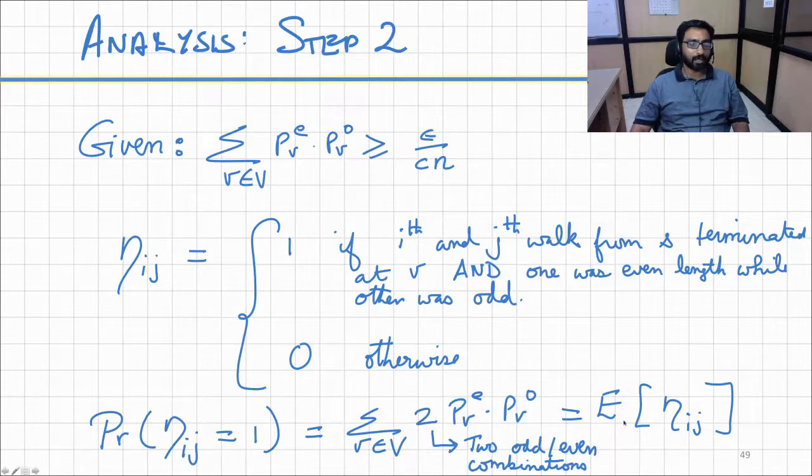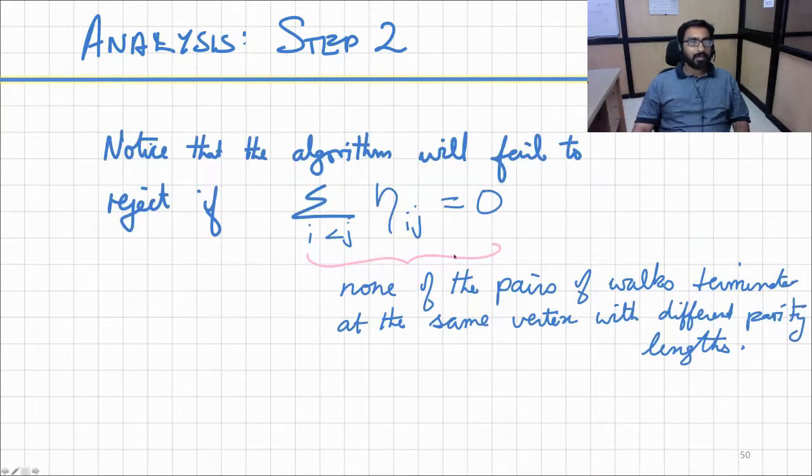And this is nothing but the expectation of the value of eta ij as well. That simply follows from the fact that eta ij is an indicator random variable. Now notice that at the end we count all the possible eta ij's.